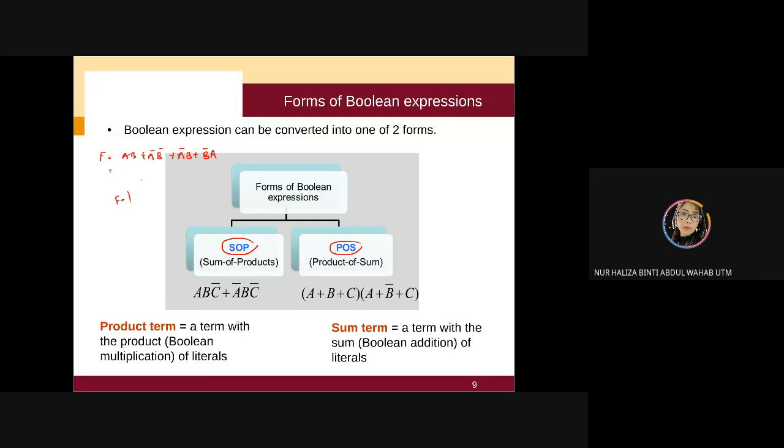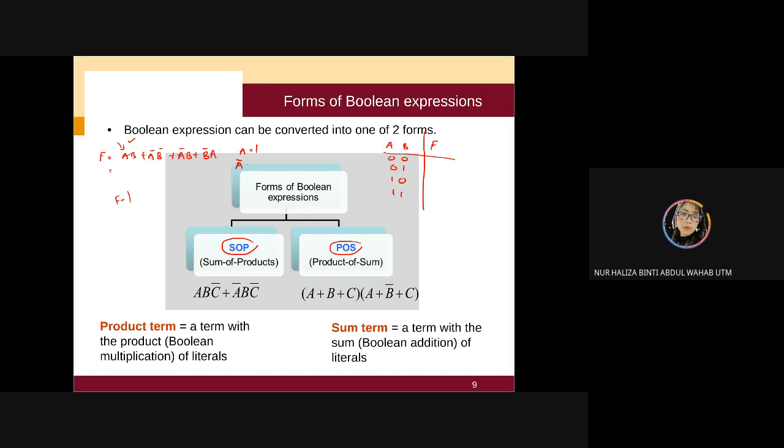So over here, if you still remember how to draw the truth table, A, B: 0, 0, 0, 1, 1, 0, 1, 1. And it was taught last time that if this is correct, it means you get output 1. If this is correct, output 1, and so on. So I give you A equal to 0, A equal to 1.